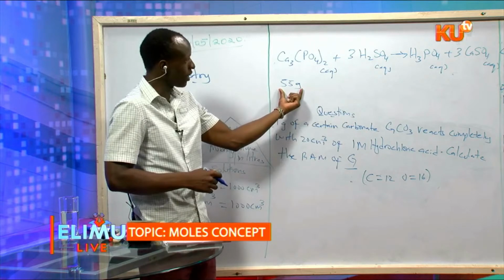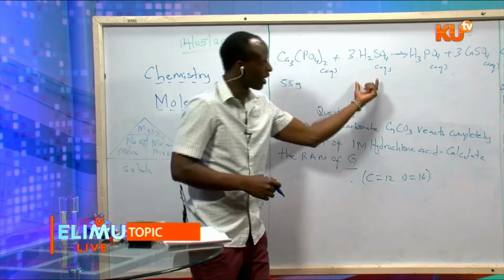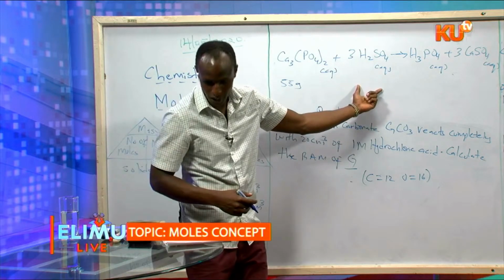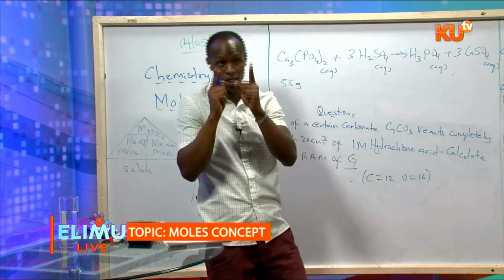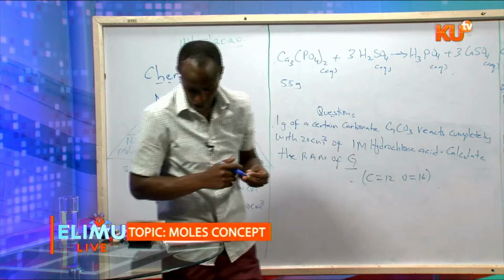So if I have 55 grams of calcium phosphate, I react it with sulfuric acid, what mass of phosphoric acid will I get? Ratio is very key, so use the ratio.